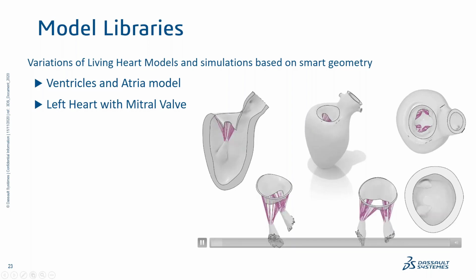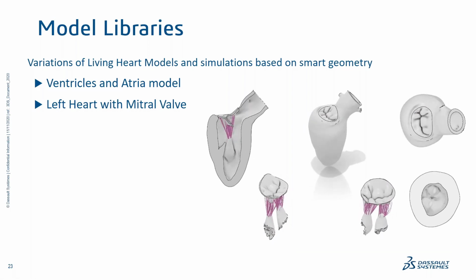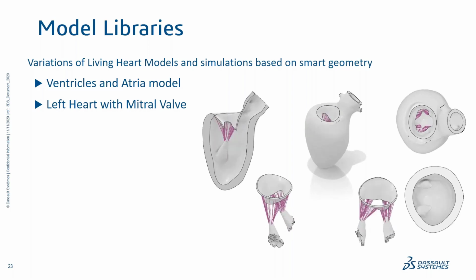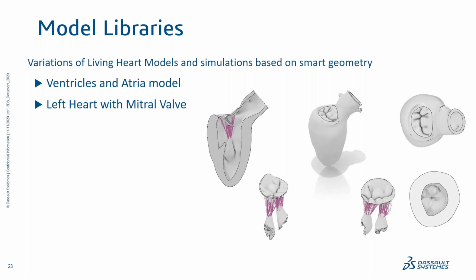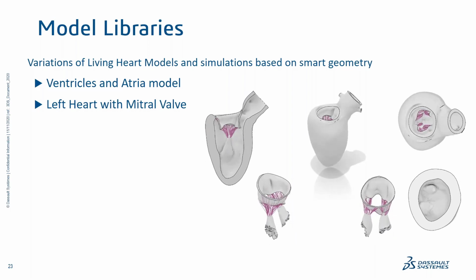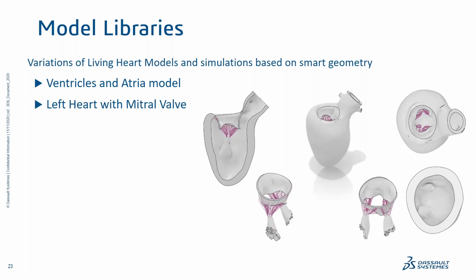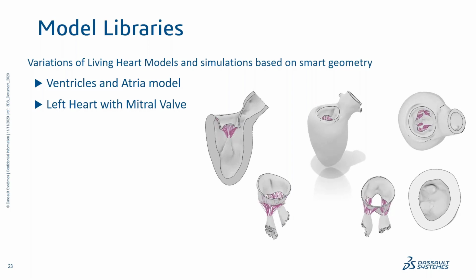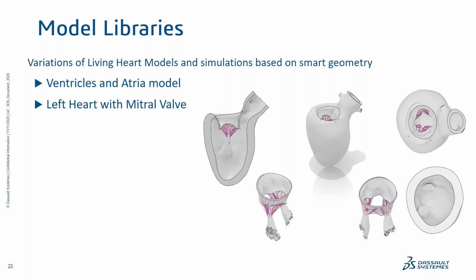So we've taken this further and started looking at how we can start building model libraries, in particular this left heart model with the mitral valve, and this is just the left heart submodel, and this is what we're primarily using for our clinical trial, right? So that almost bench test level of simulation. So we don't need a full heart model with all 4 chambers, the 2 atria up above and the right ventricle there, right?